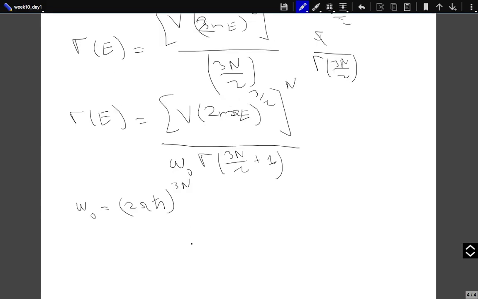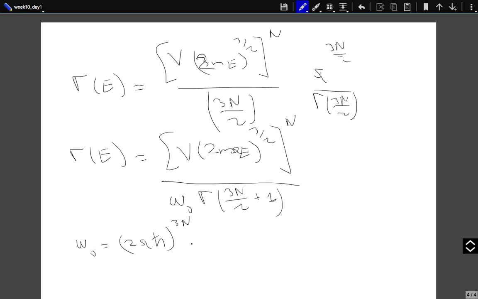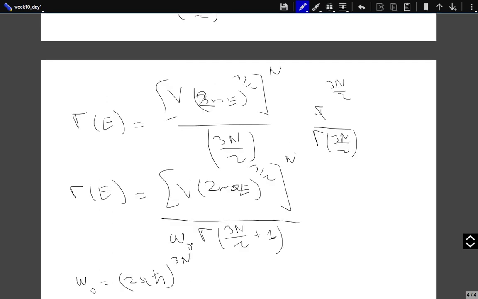So 3n is the dimension of half of the phase space. You see, the phase space has the coordinates and momentum. So the dimension of the phase space is 6n dimensional. It has 3n dimensions of coordinates and 3n dimensions of momentum.